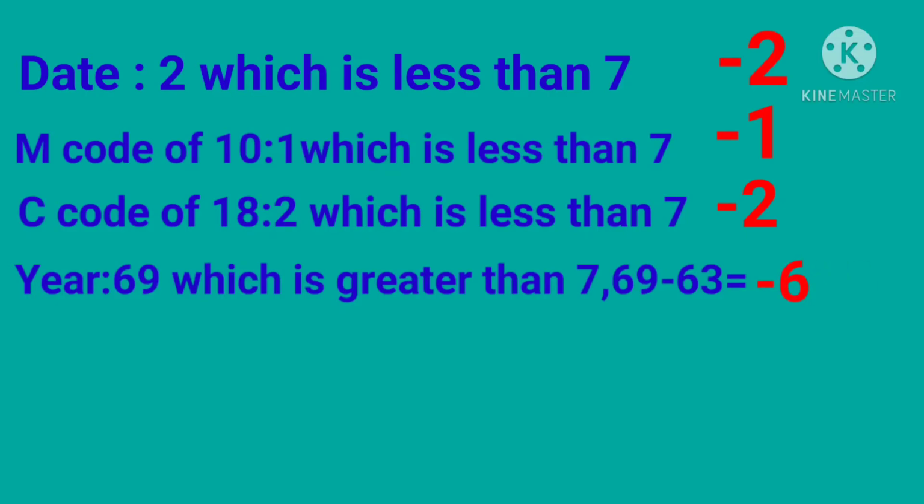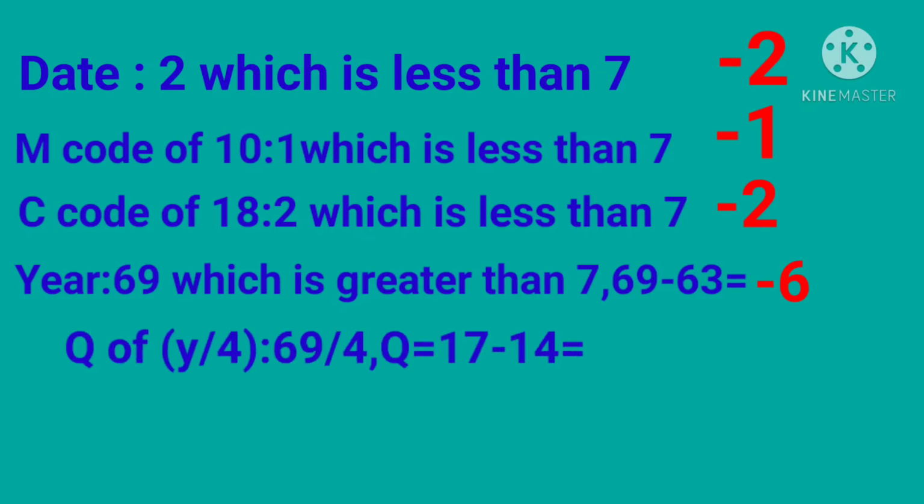And finally the quotient of year divided by 4, that is 69 divided by 4. The quotient is 17, remainder is 1. Don't take the remainder, take only the quotient, which is 17, more than 7. Therefore, 17 minus 14 is 3.